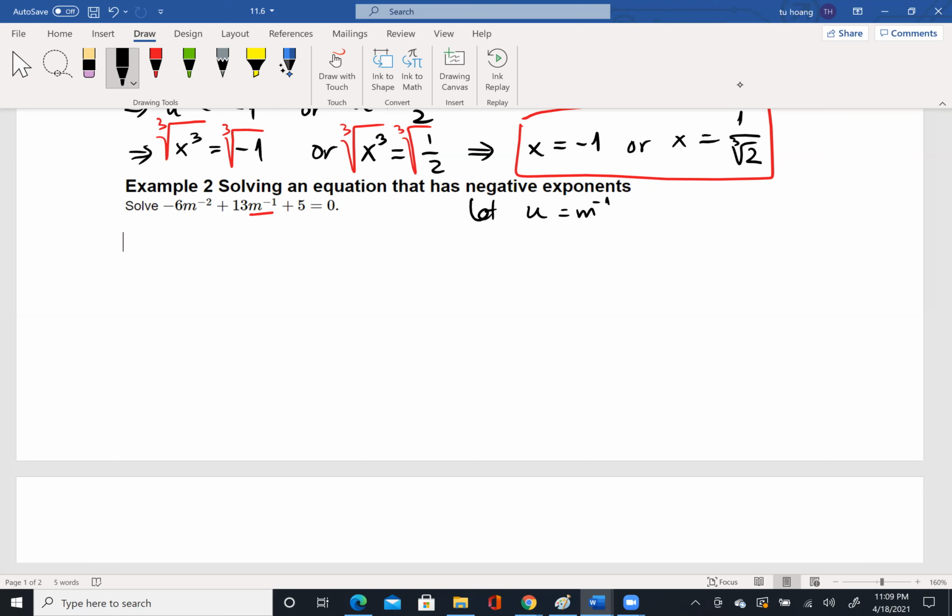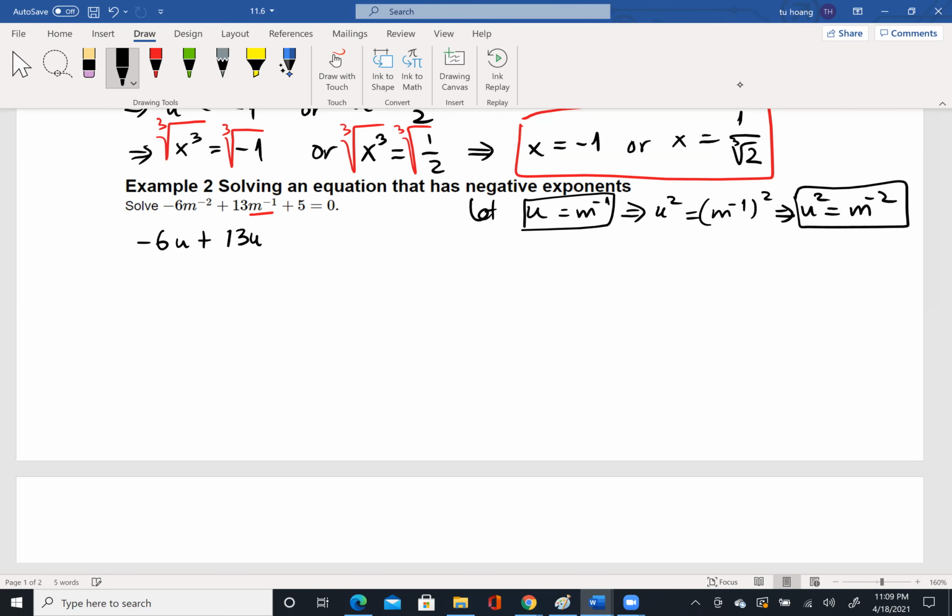And if you square both sides, you have u squared equal to m to the power negative 2, right? Now you can use this to substitute into the original equation. Then you have negative 6u squared plus 13u plus 5 equal to 0.